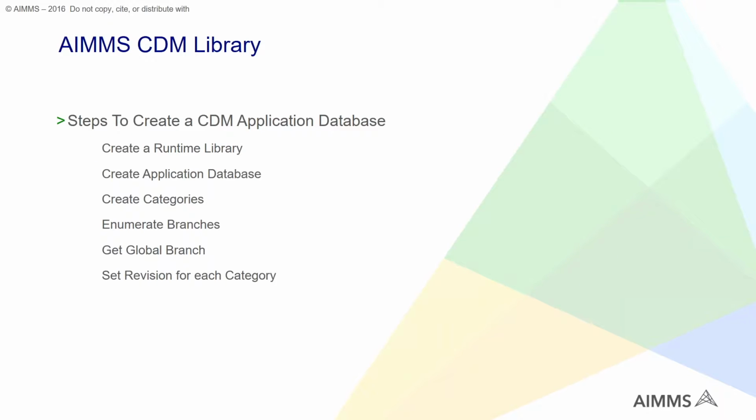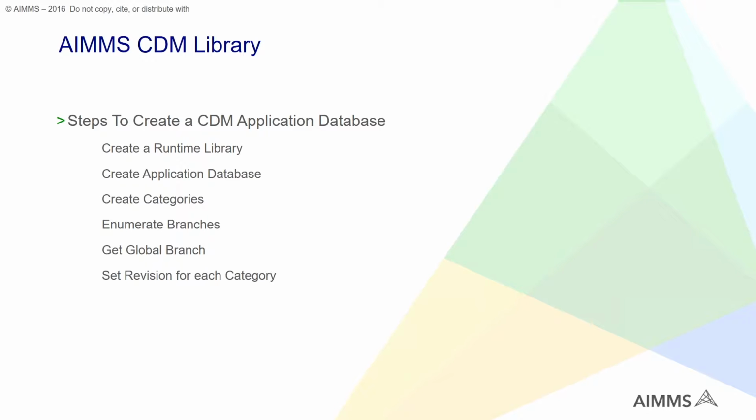The steps we need to take initially in our application to create a CDM application: we need to run a procedure that initially creates the CDM runtime library. We have to create an application database, and that database will be created in our temporary folder we defined in the CDM config file that I showed earlier.